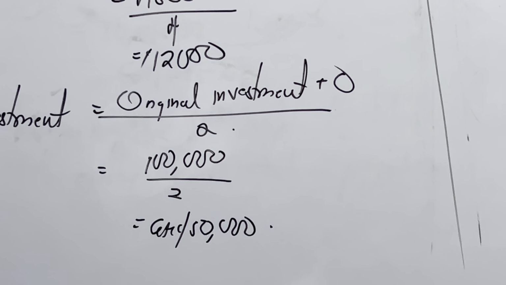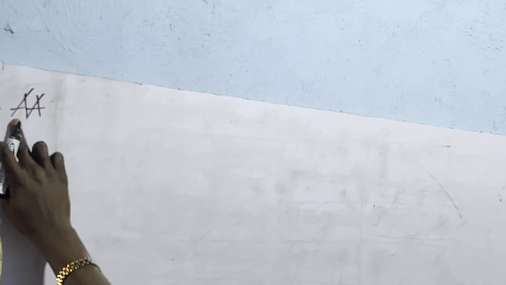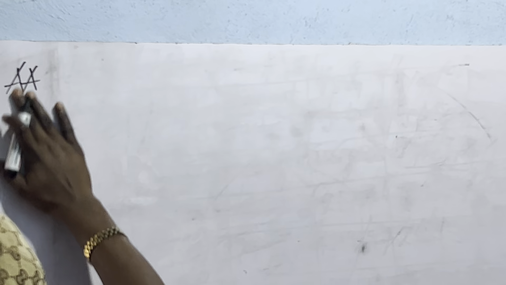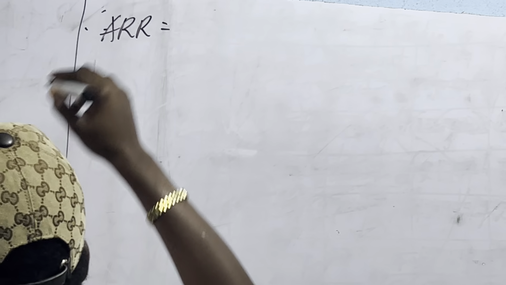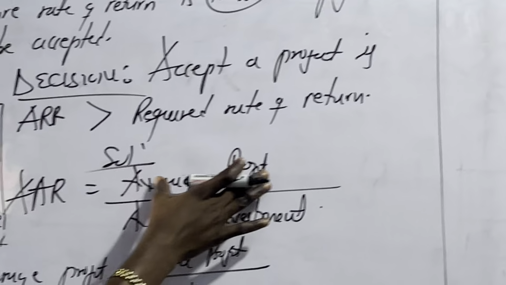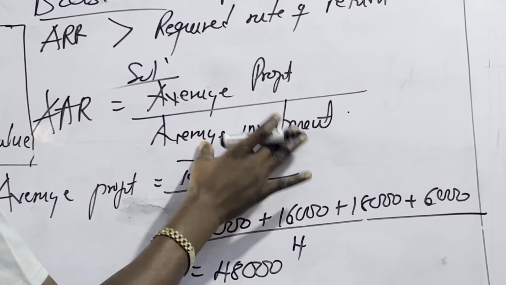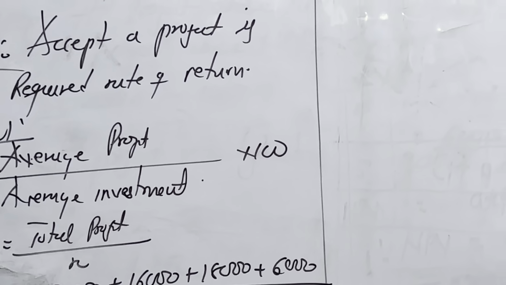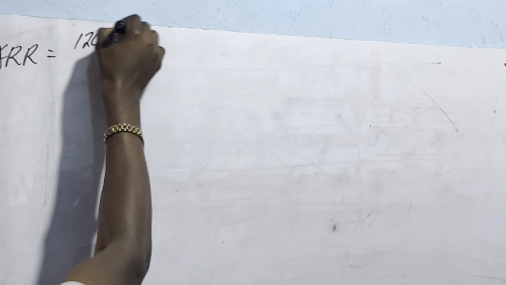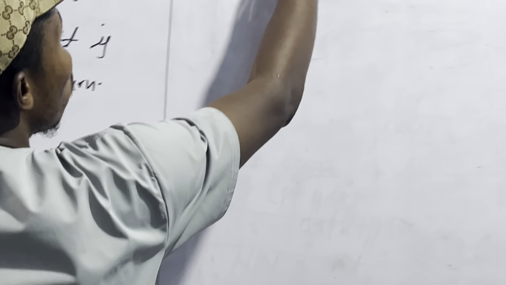So with all this calculation, we can now solve our accounting rate of return, that is ARR, as our average profit over average investment, then we express it as a percentage. So our average profit is 12,000, and our average investment is 50,000.